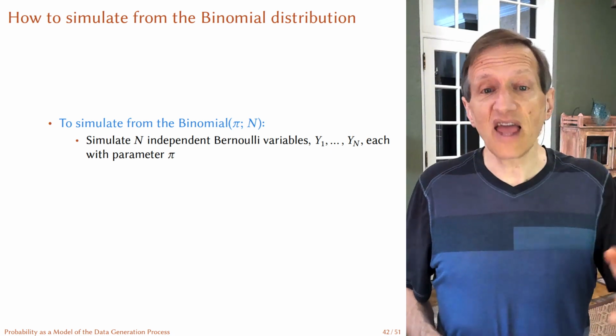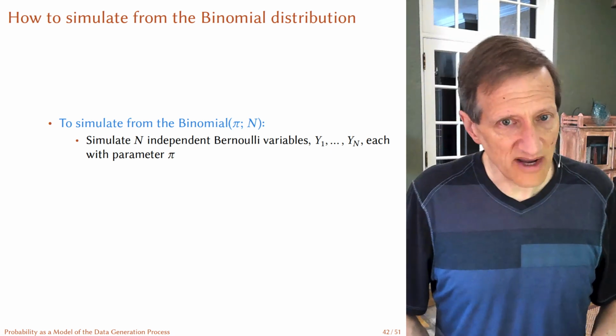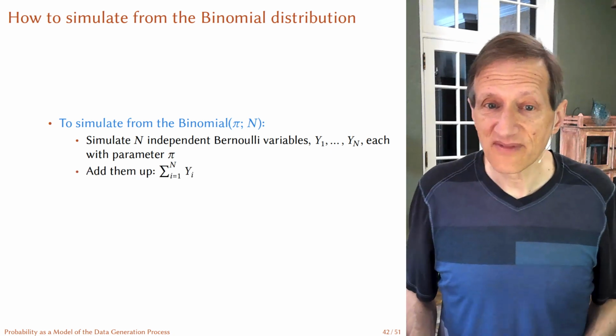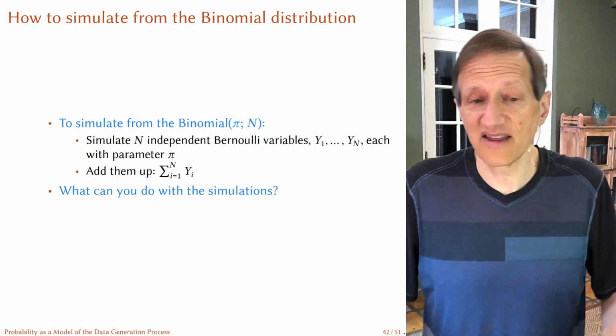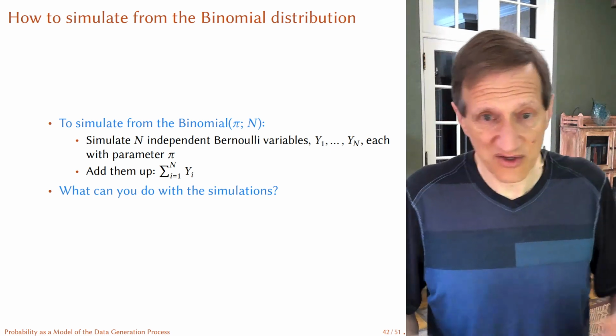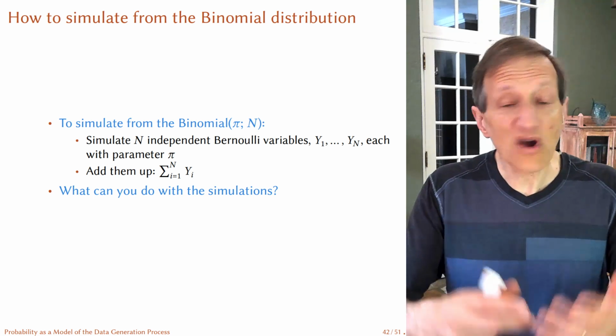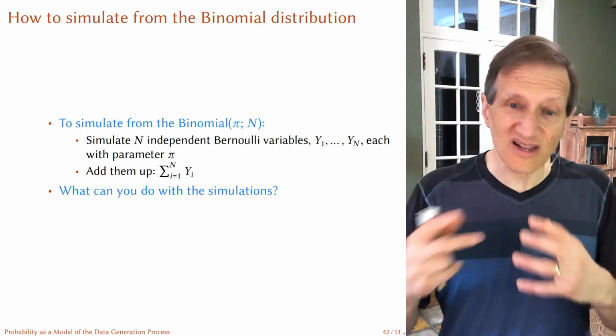We're going to simulate n independent Bernoulli trials, each with parameter pi. We're going to add them up, and then we've got it. Okay, that's the whole thing. So it's quite simple because we already know how to do each of the pieces. What can you do with the simulations? Well, now it's a little more interesting.